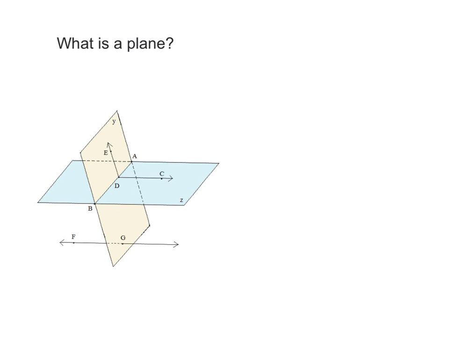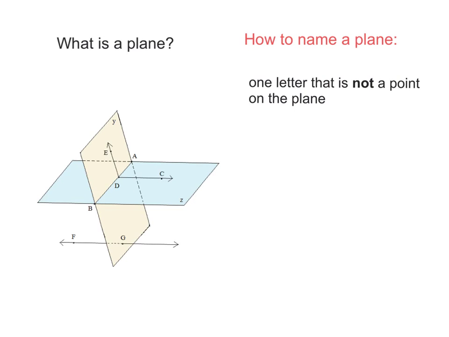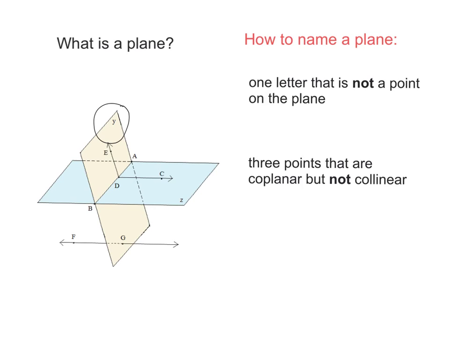So what we want to think about is how do we name a plane? And there's really two ways we're going to talk about. One is that we could name a plane by using a letter that is not a point on the plane. So for example, if I look at the beige plane, I notice up in the top right corner, there's a Y hanging out there by itself.